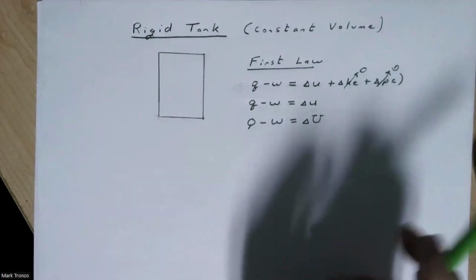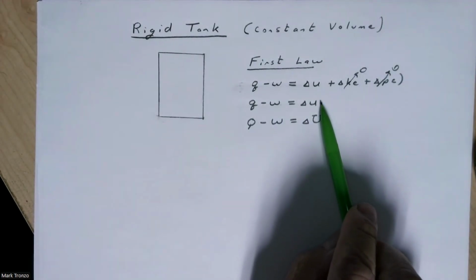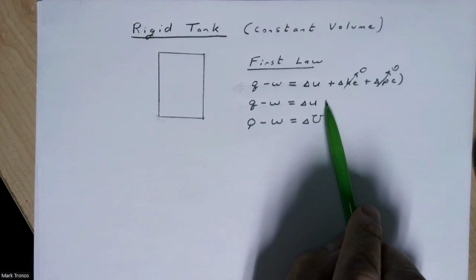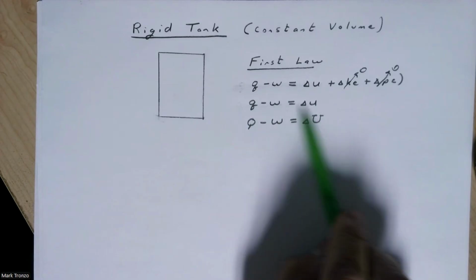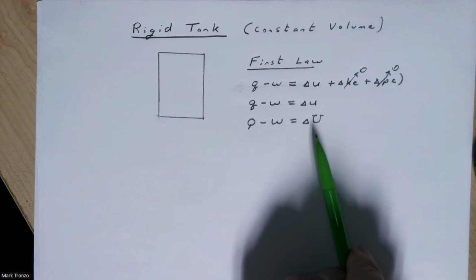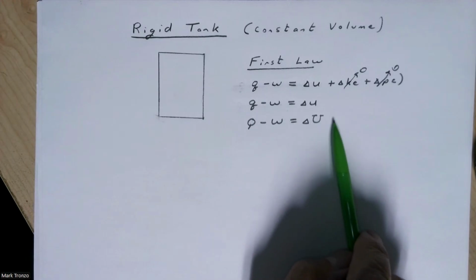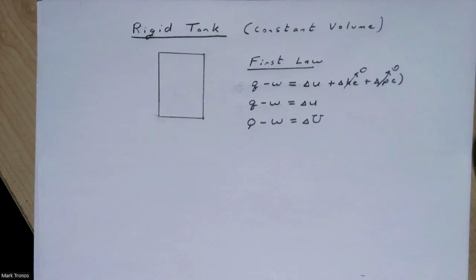So, for example, if we're in SI units, this would be kilojoules per kilogram, this equation. But then if we multiply it by the mass we have, we'll end up just with kilojoules all the way across here. So we're going to look at some of these problems.